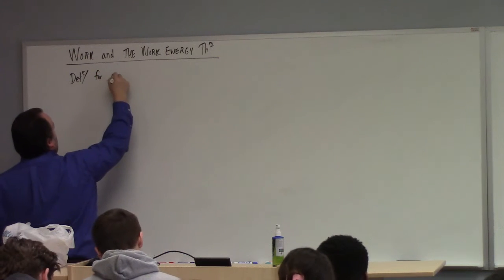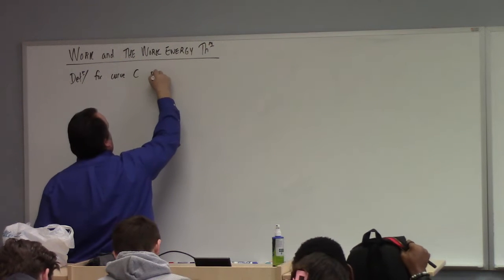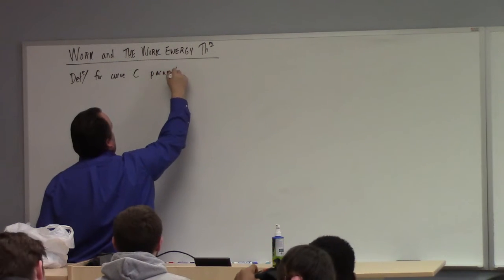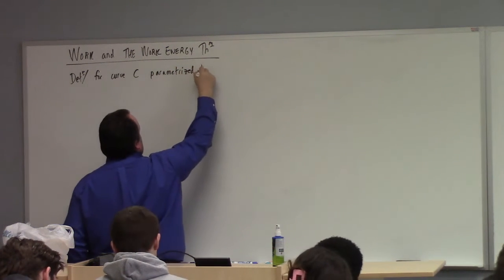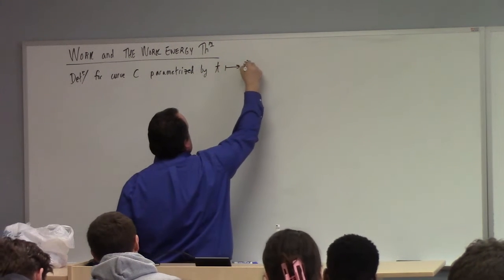for a curve C parameterized by, let's say, t maps to r of t.